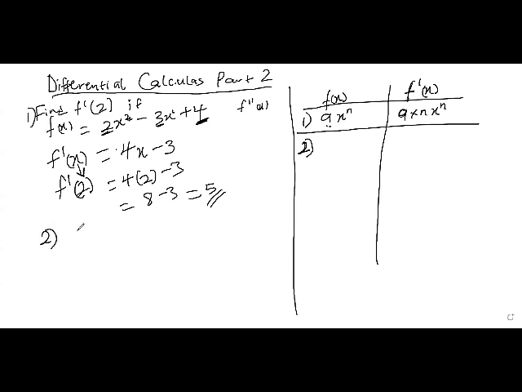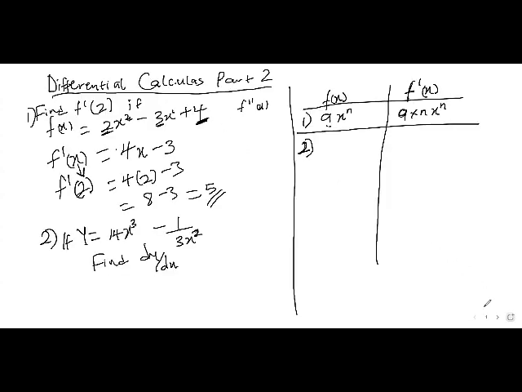Question 2. Let's differentiate. If y is equal to 14x cubed minus 1 over 3x squared, find dy/dx. Let me be sure, yeah, x squared.